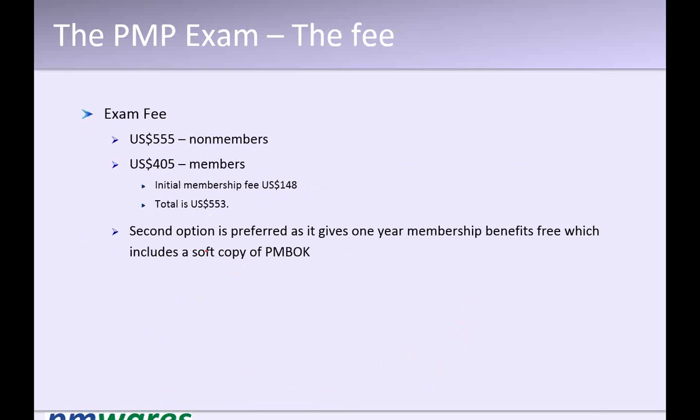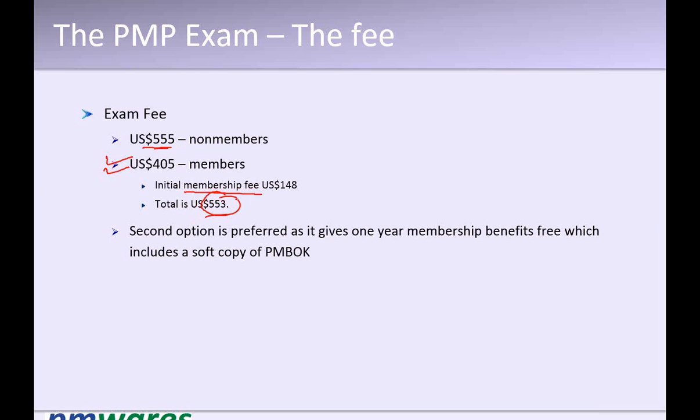If you total this, it comes out to $553. That is a $2 saving as such. But this option is better because you get membership for 1 year. If you apply without it, there is no membership. The money you are spending is the same.